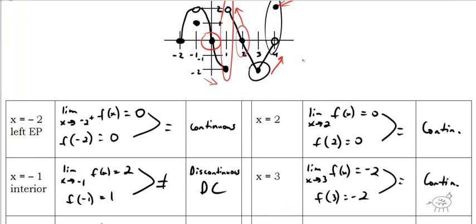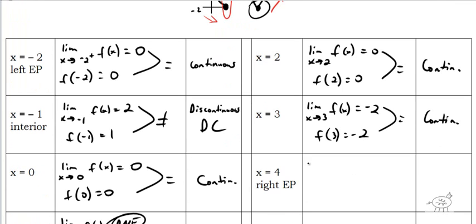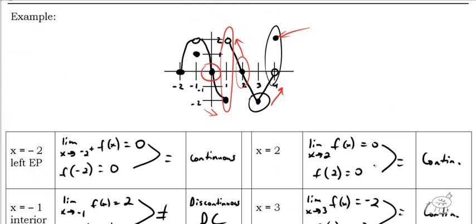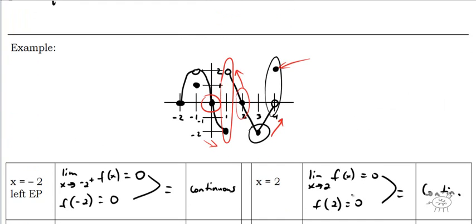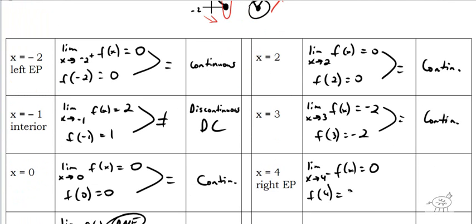We can write here the limit as x approaches 4 from the negative side of f of x. If you look at that, go back to it, it's equal to 0, because look at the limit. And what is f of 4? Well, it's where the solid dot is, and that solid dot is at 2. So these are not equal, so it's discontinuous.